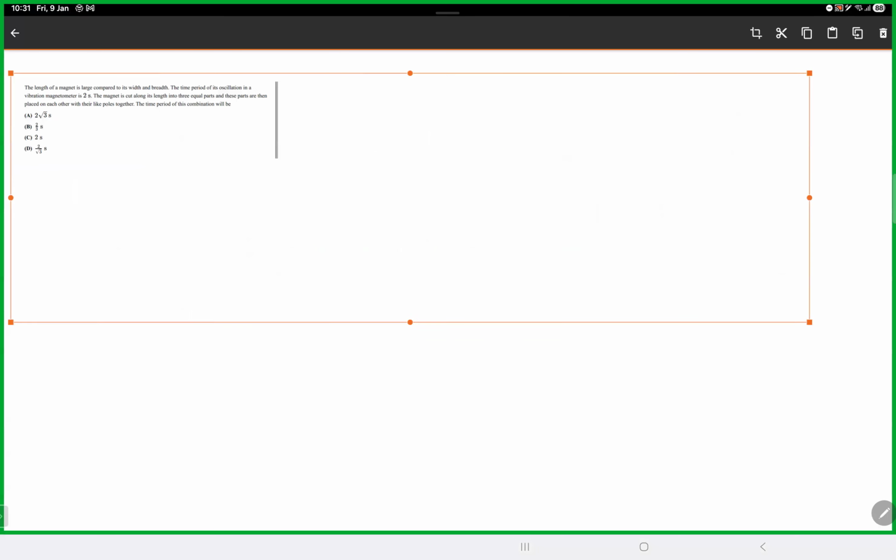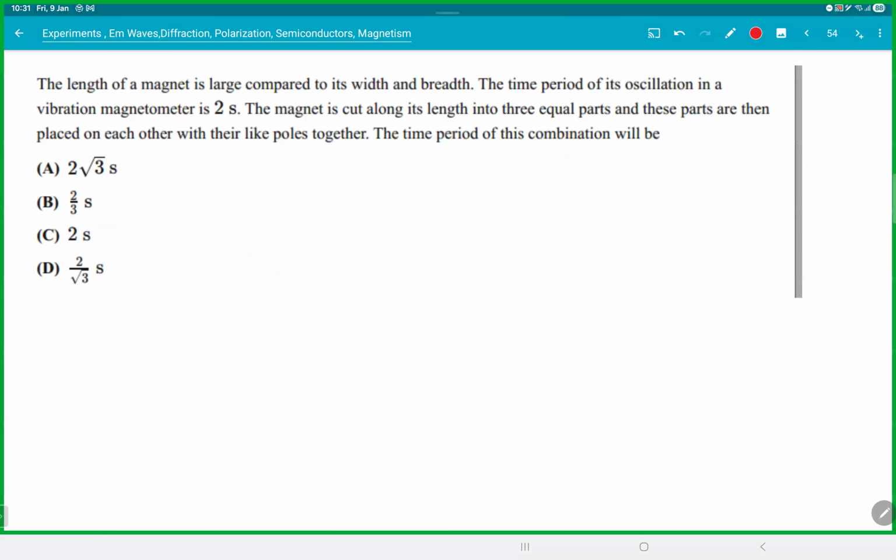Another important one, vibrational magnetometer. Formula याद है?